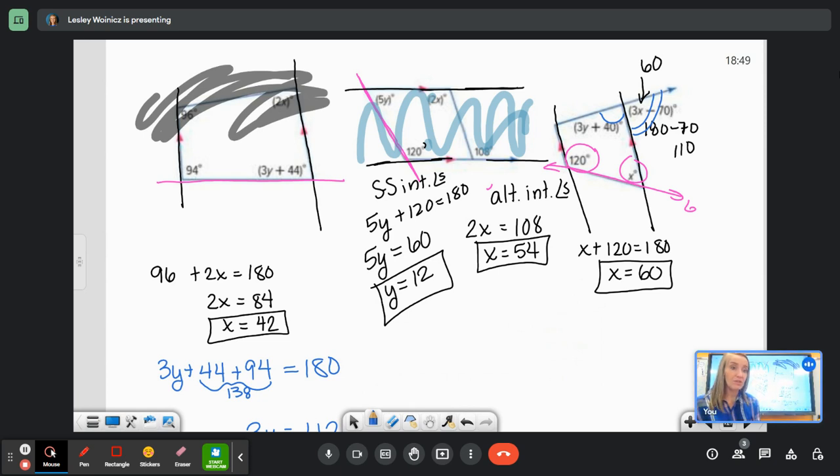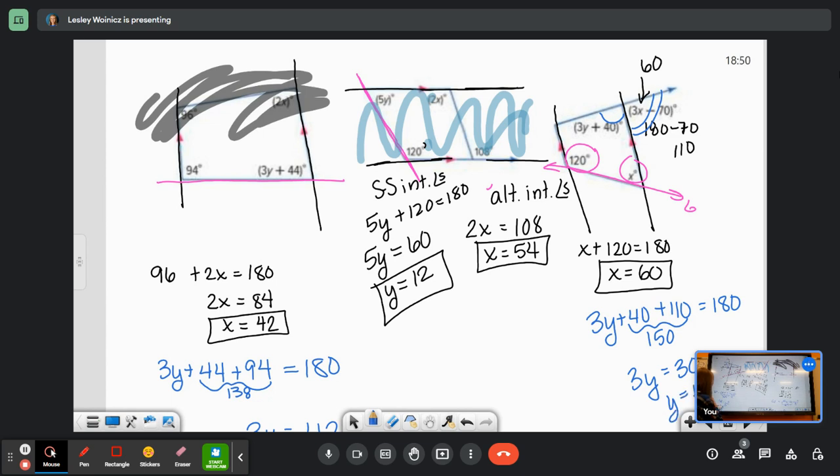And linear pairs are also supplementary. So that 3y plus 40 and the 110 have to all add up to 180. So 3y plus 40 plus the 110 that we used the x to find all have to add up to 180. Well, 40 and 110, that's 150. Subtract 150 from both sides and we get 3y equals 30. Divide both sides by 3 and we get y is 10.